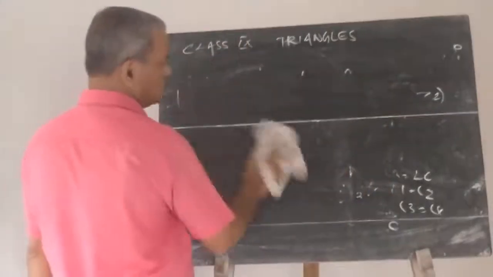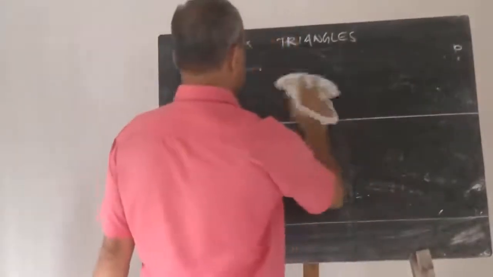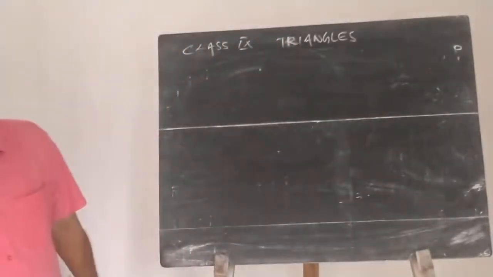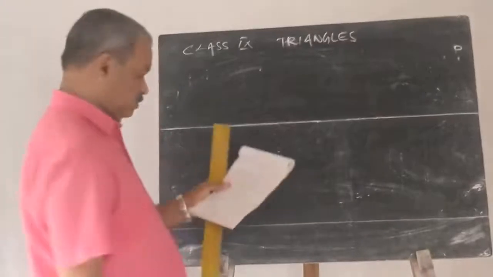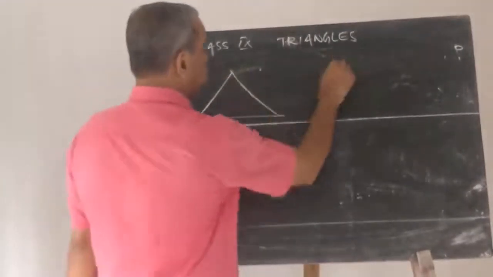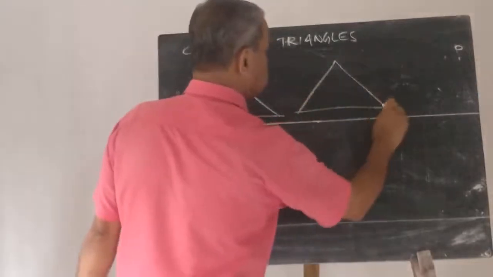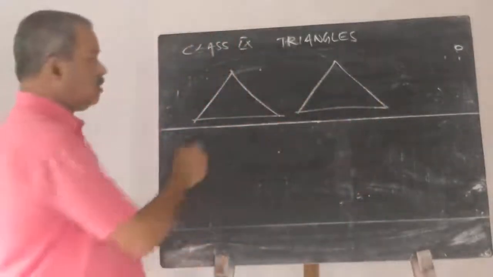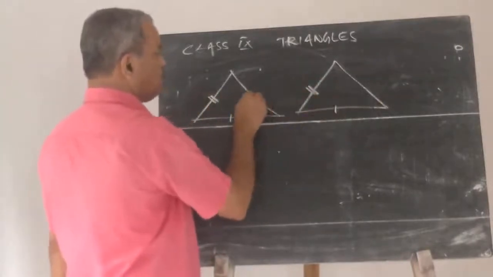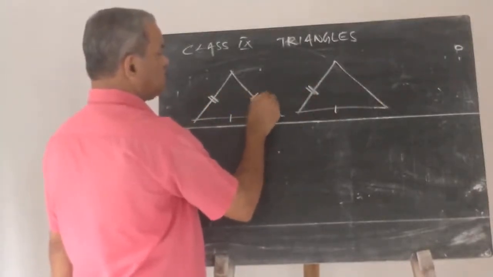Now we can consider some more conditions, minimum conditions for two triangles to become congruent. One is, suppose we are given two triangles with corresponding sides equal. Three sides of one are equal to three sides of another.